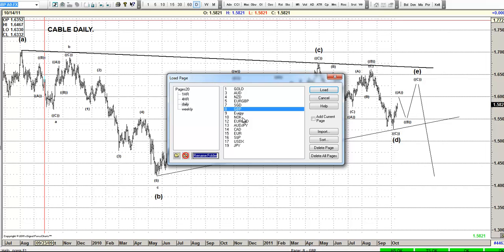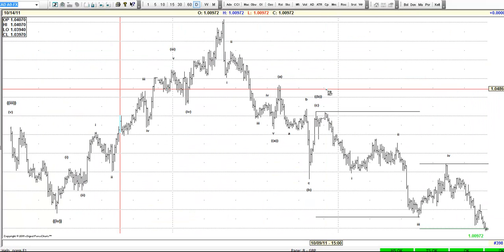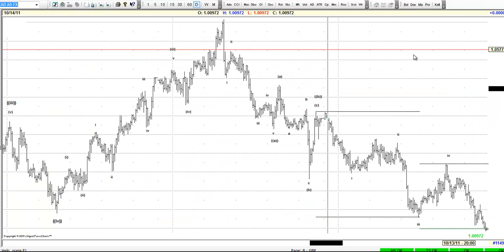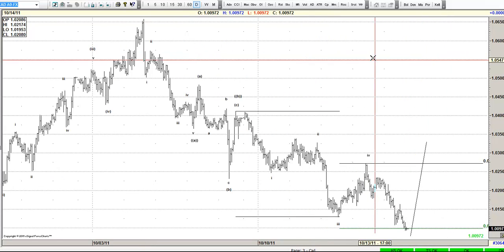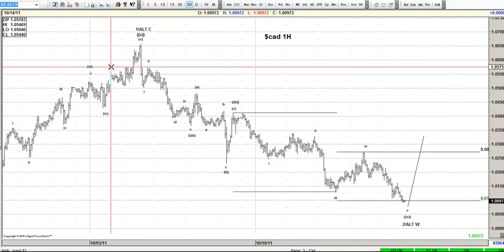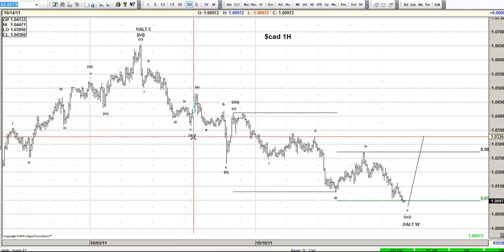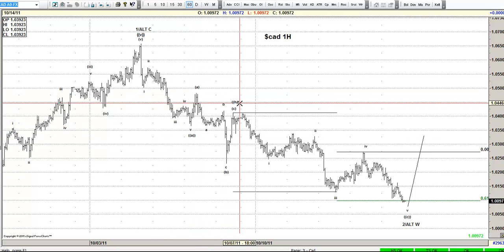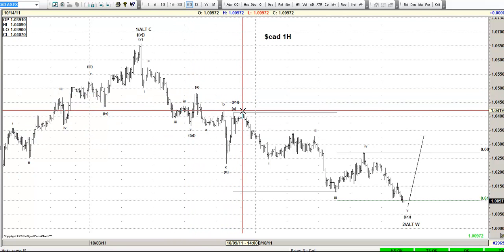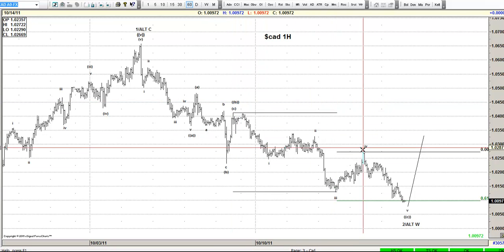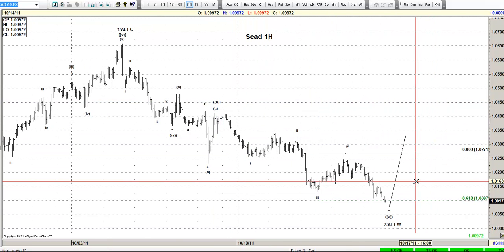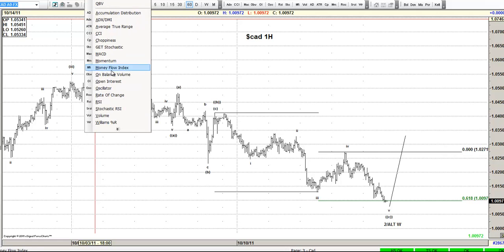Now, the dollar CAD, where we have another trade, looks like it's ending a move from the top, and the dollar CAD goes 1, 2, 3, 4, 5. This is a flat B wave, and then 1, 2, 3, 4, 5 is almost there. Looks like it's ending.